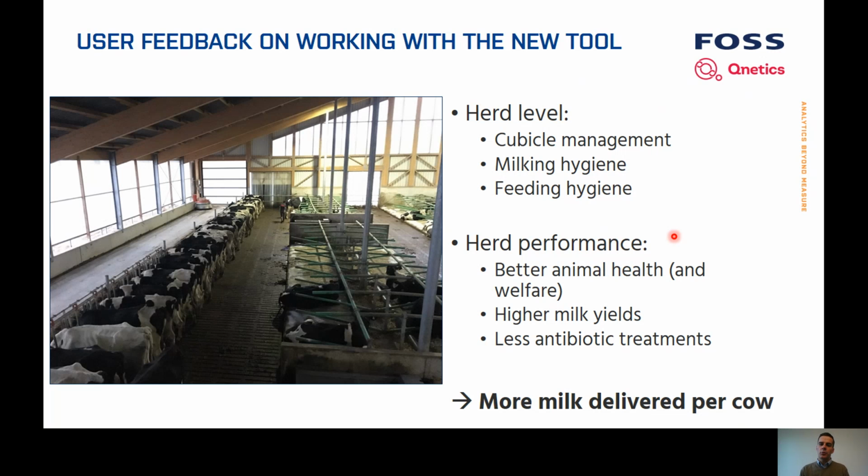The farms noticed that they had higher milk yields, higher daily milk yields, and also very important, they had less antibiotic treatments. So at the end of the day, the farms were able to optimize the herd management, herd health, and got more kilos of milk delivered per cow. So very, very positive finding from this trial phase.